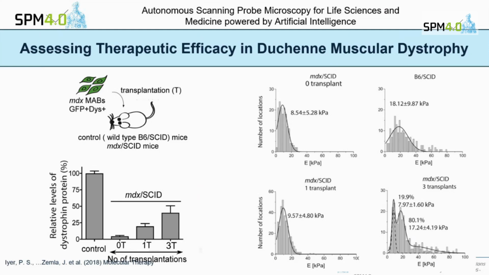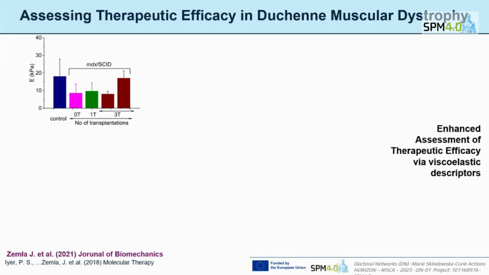So we have a bimodal distribution. So that means that there are areas where the transplanted cells did not do the job, and areas where they actually improved, they reconstructed the connections between cells and improved the structure of the muscle.